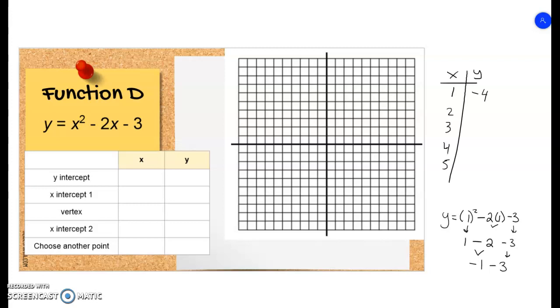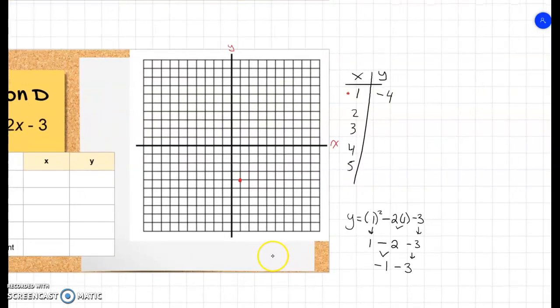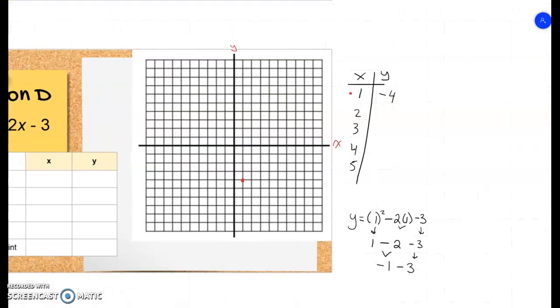So for my first point here, I'll draw in red. I'm going to have my y and x. I'm going to go right 1, and I'm going to go all the way down 1, 2, 3, 4, and put my first dot. Now I'm going to try 2. I'm going to do the same process, except now I'm going to plug in 2. So now I have y equals 2 squared minus 2 times 2 minus 3.